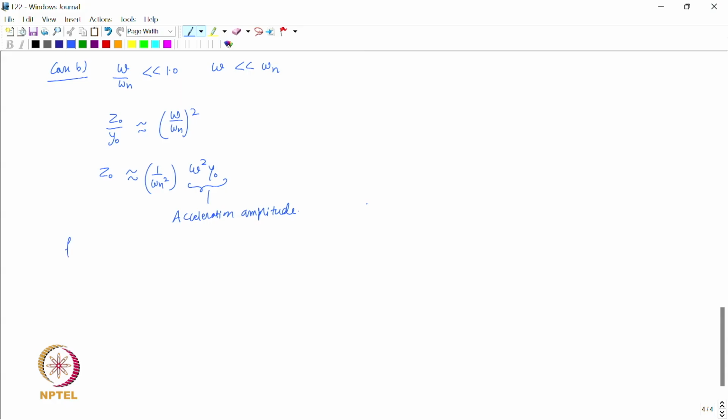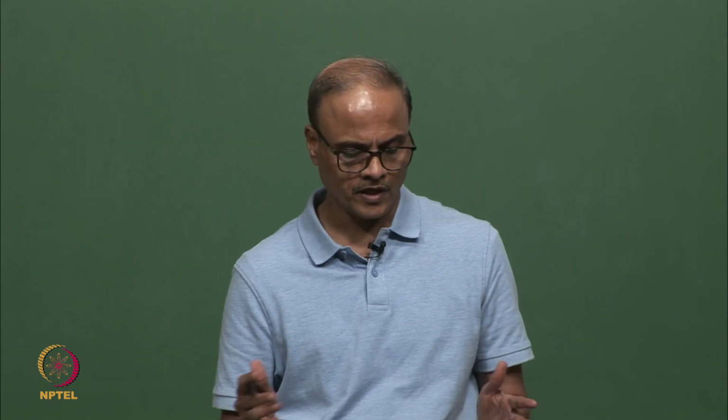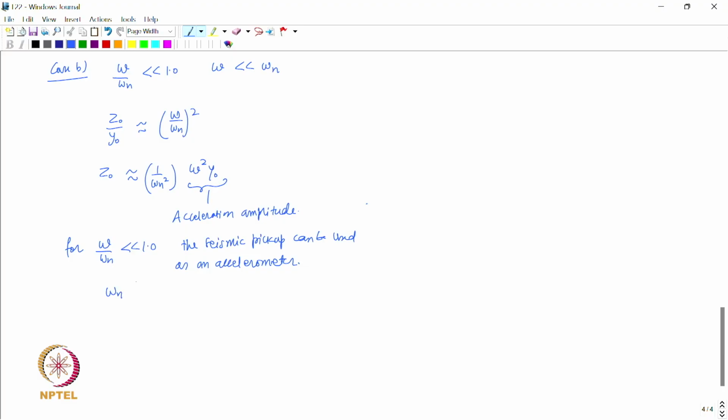Therefore, for omega upon omega n less than 1, the seismic pickup can be used as an accelerometer. And in order to have a sufficiently wide frequency range, the omega n of the seismic pickup should be very large as compared to the upper limit of the frequency range.